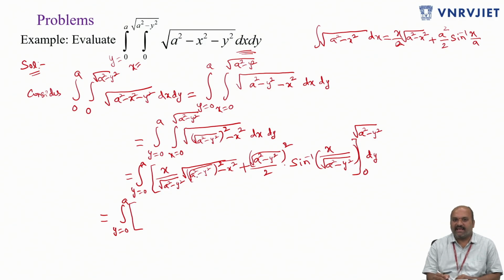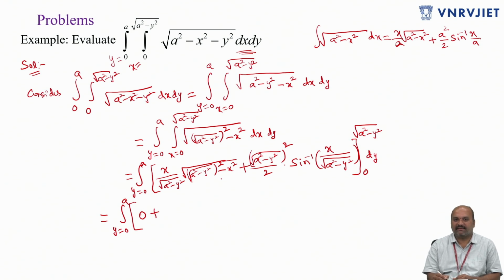But here, instead of x, we are substituting the same. Observe carefully: root over a square minus y square whole square. So a minus a, 0. Root over 0, 0. 0 into something, 0. So no contribution of this term.